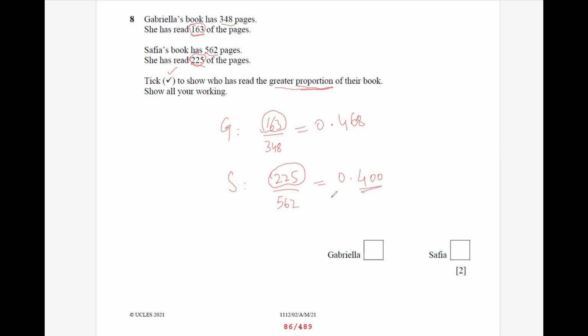So if we need to compare the proportion, that means Gabriella's lesser number of pages are having greater proportion. So this is what needs to be ticked. Who has read more pages? In this case, yes, Gabriella. So this is what we need to take.